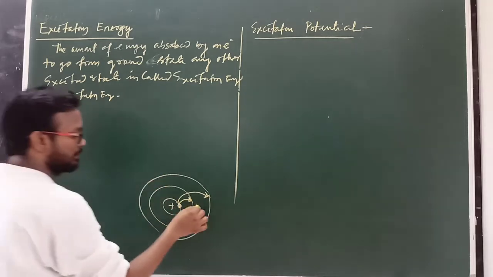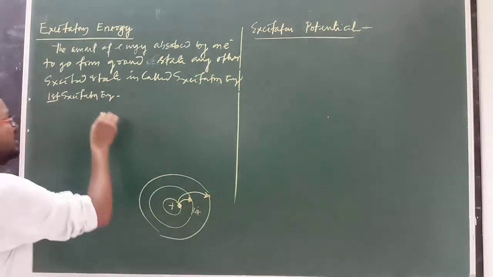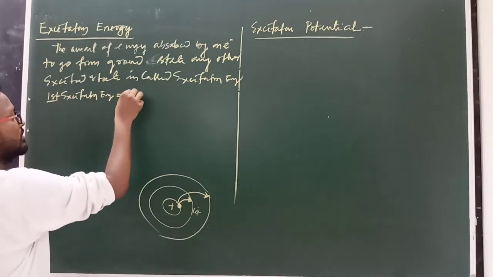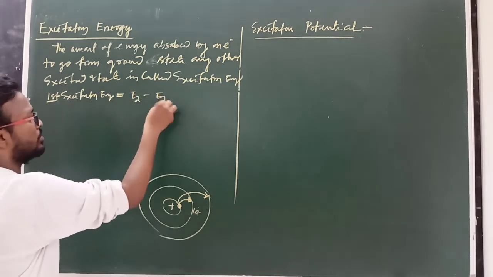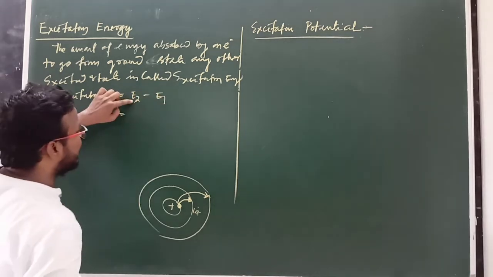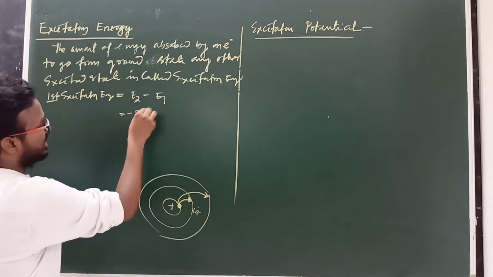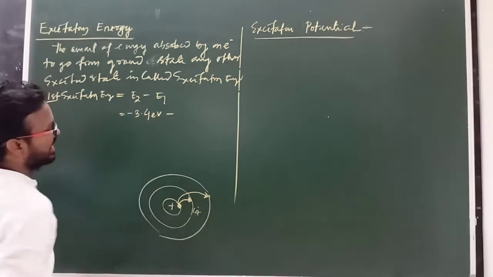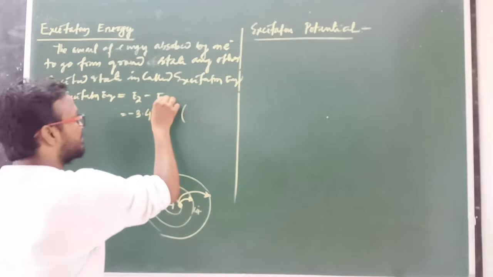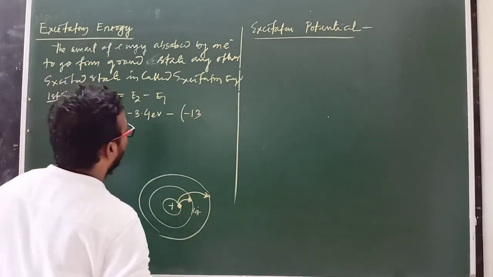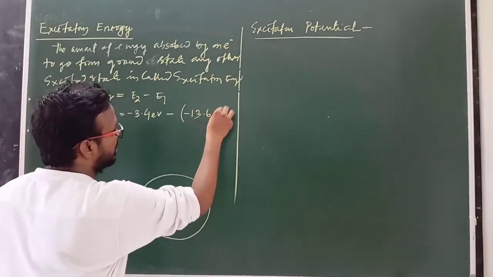From the ground state to the first excited state, the excitation energy is equal to E2 minus E1. E2 means the first excited state energy, minus 3.4 electron volt, minus the ground state, minus 13.6 electron volt.